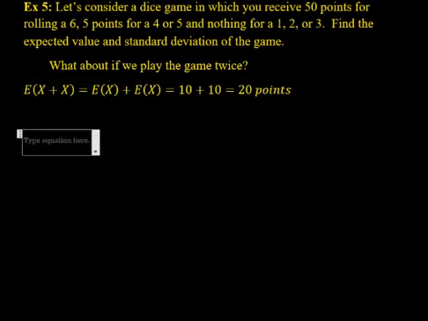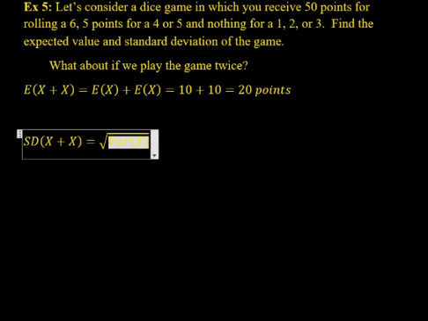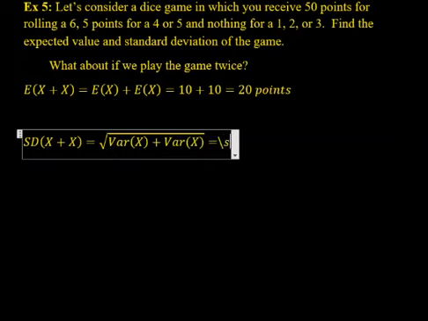The standard deviation of x plus x equals the square root of the variance of x plus x, because of course, as we know, variances add. I can't add standard deviations, I have to go to the variance. Now we found this in the previous problem already.